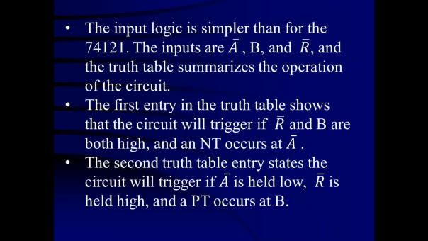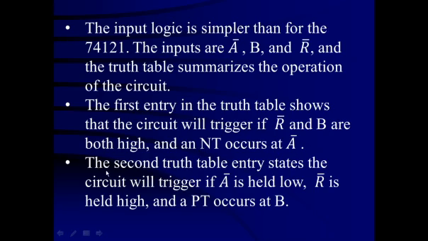That means if you want the circuit to trigger on a negative transition, the trigger pulse should be applied at A bar. But for that, R bar and B should be kept high.